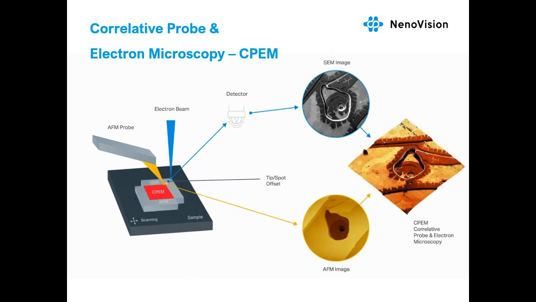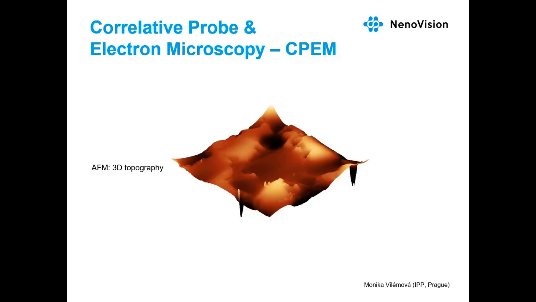And because there is a constant offset between the E-beam and the AFM tip, it's very simple to just remove this offset and create the so-called CPEM view. This is an extremely precise way how we do that. And once more, we take the best from both of them.